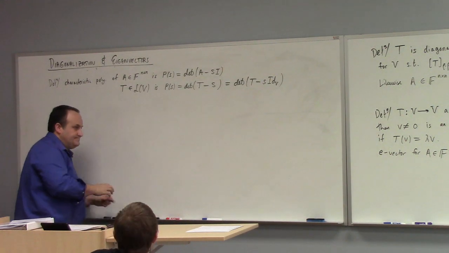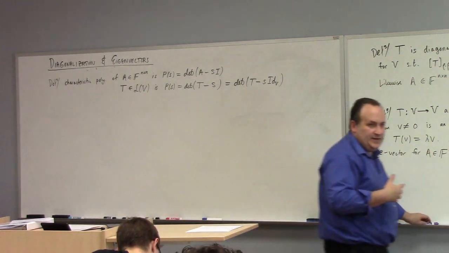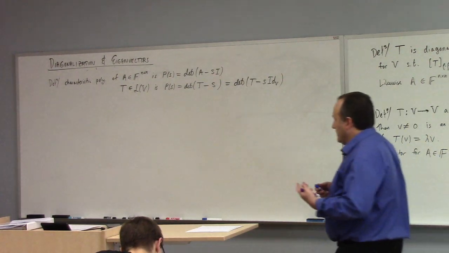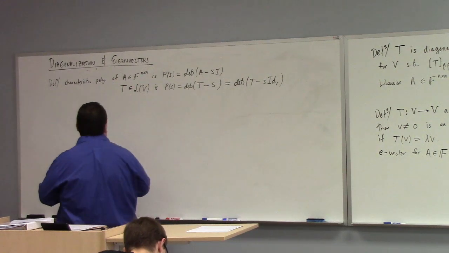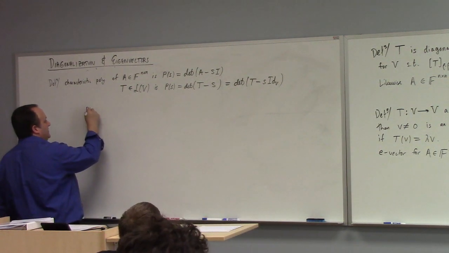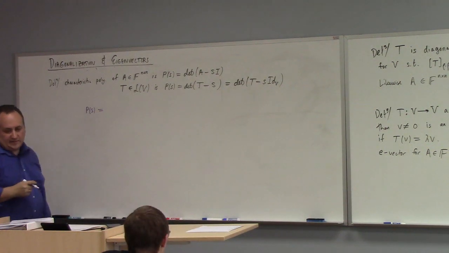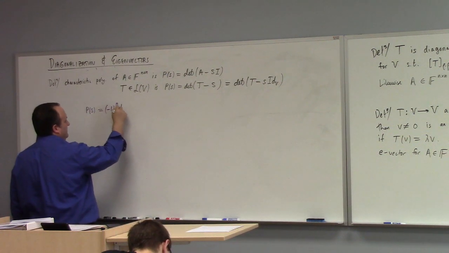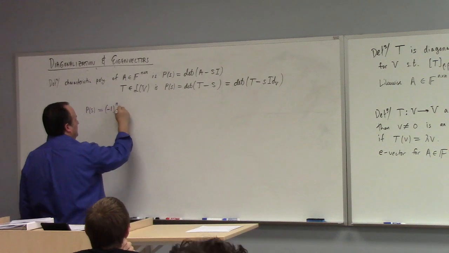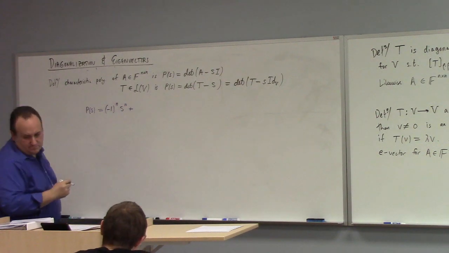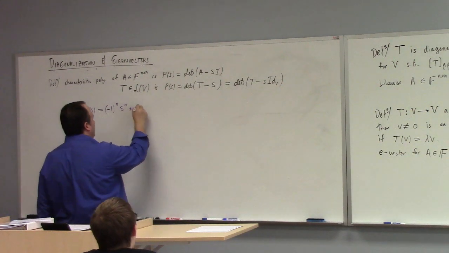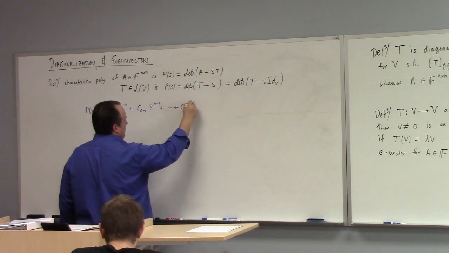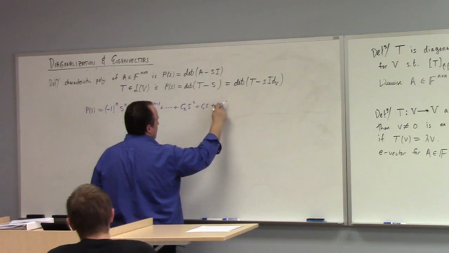I should make a comment here that because we're working on an n-dimensional space and we know how the determinant works, it will give us an nth order polynomial when we work out the details. So we can anticipate that P of S, generically speaking, has the form minus 1 to the n, s to the n, plus c_{n-1} s to the n minus 1, plus and so on, plus c2 s squared, plus c1 s, plus c0.